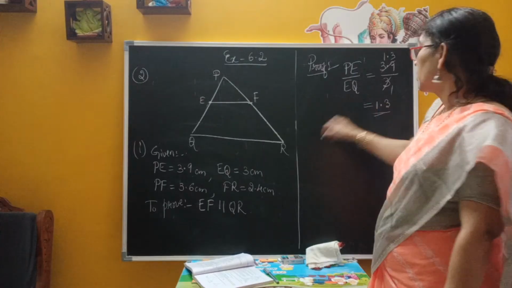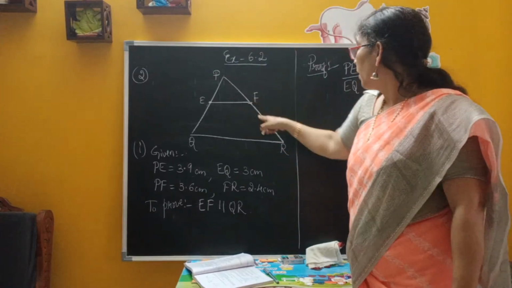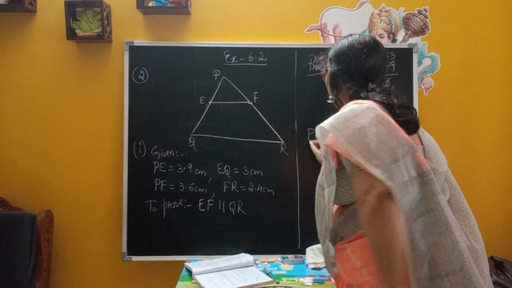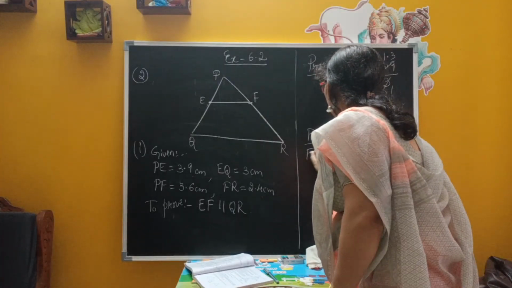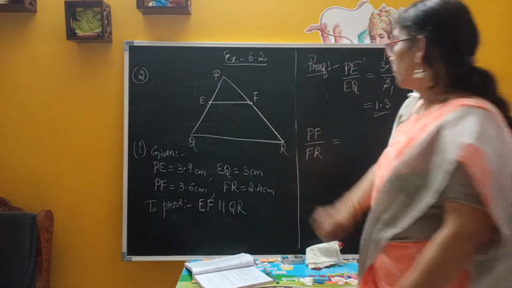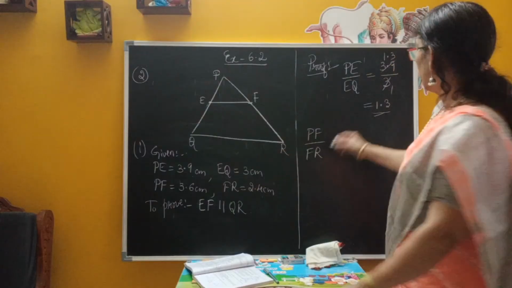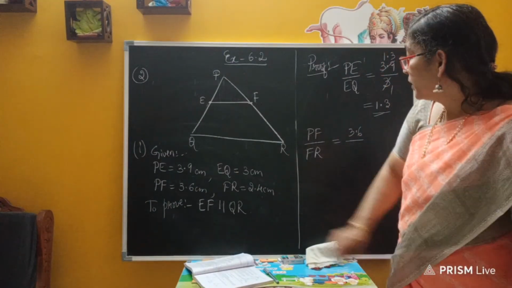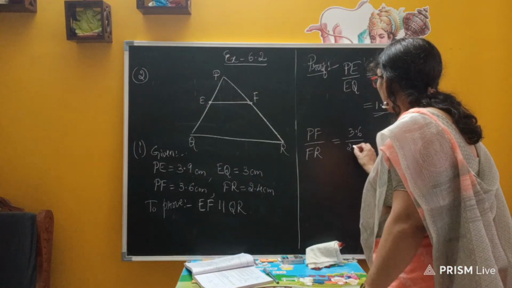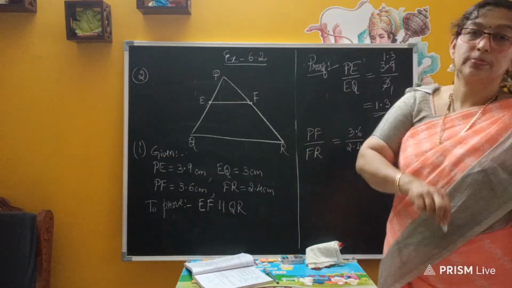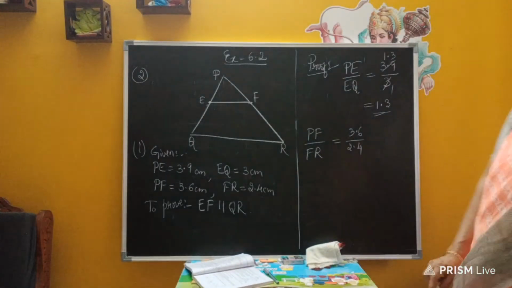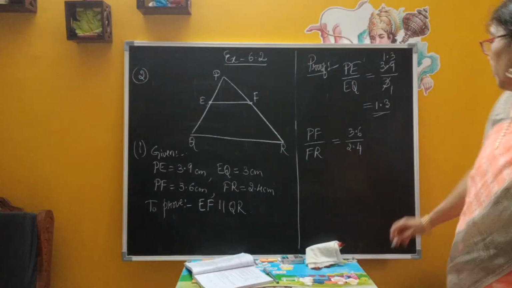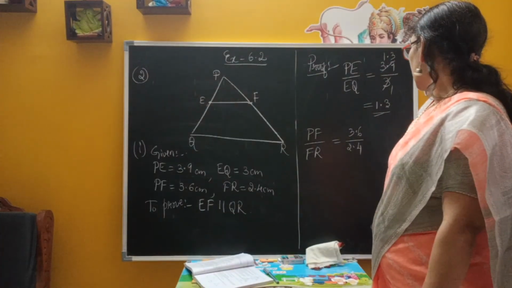Now let us take the other one. It is PF by FR, which is 3.6 centimeter by 2.4 centimeter. Let us simplify this also. Which table can be used?